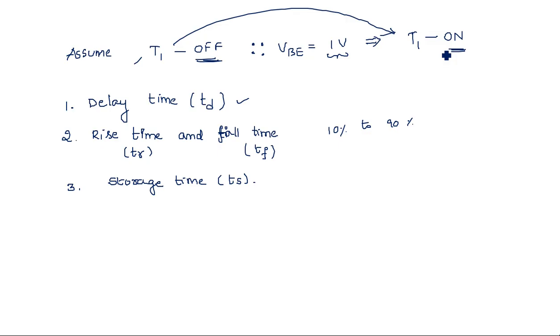And assume the transistor is initially on and it is coming to off, then the output is increasing, because when the transistor is applied with 0 volts, then output is 1, and if the transistor is given 1 volt, then output is equal to 0. So whatever may be the state, if the output goes up like this, the time taken by this change from 10% to 90% is nothing but your rise time.